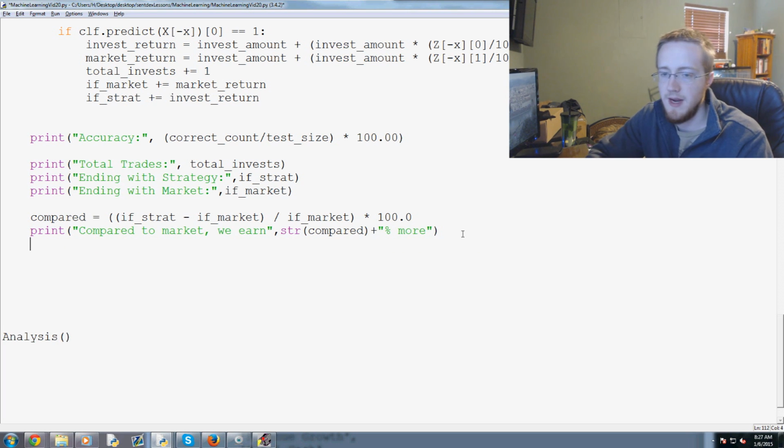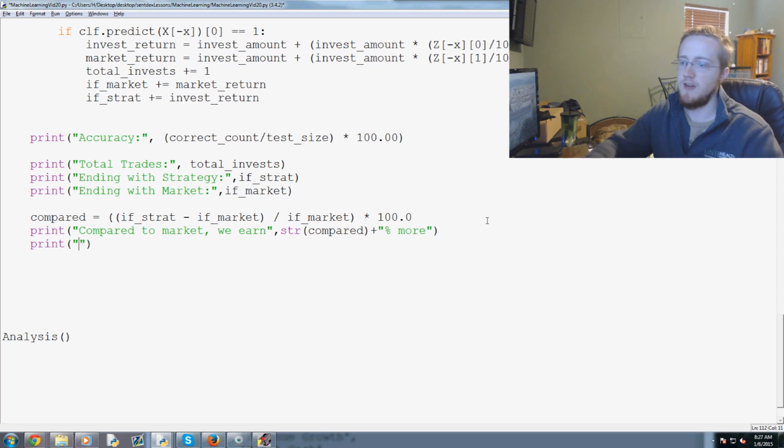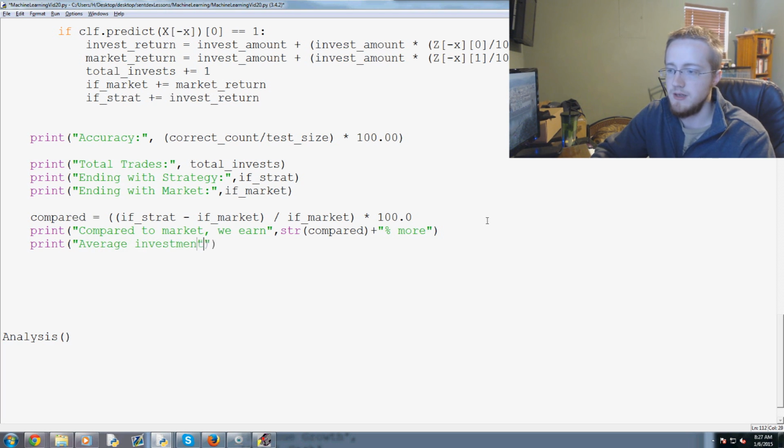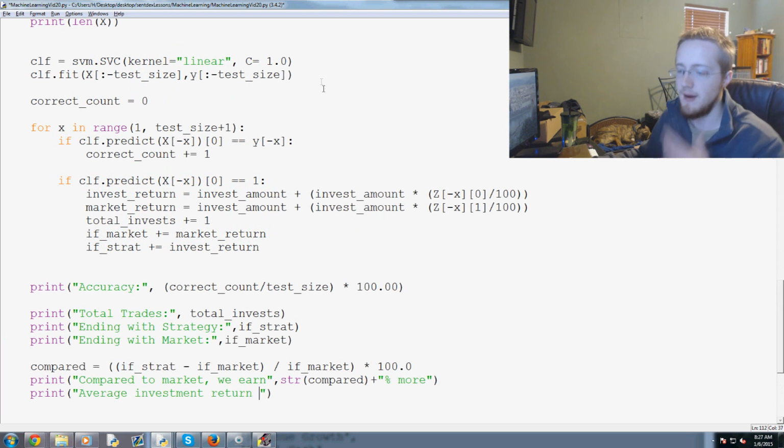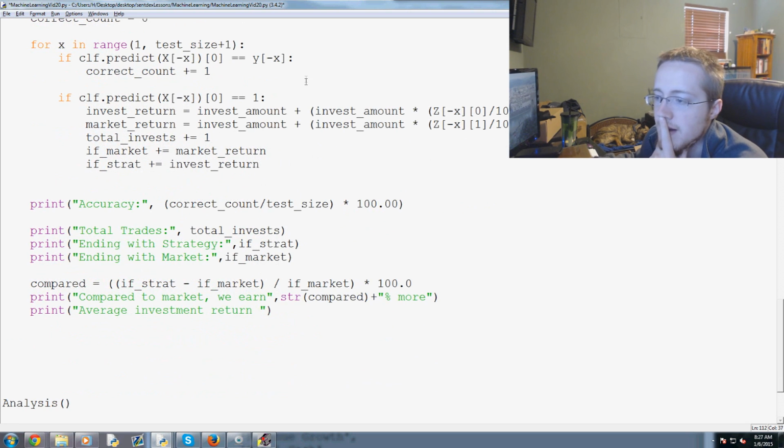Then we're going to come down and we can actually take the total percentage of all of our investments. So we can say average investment return, and the original code I wrote for that, I'm not really actually happy with that.